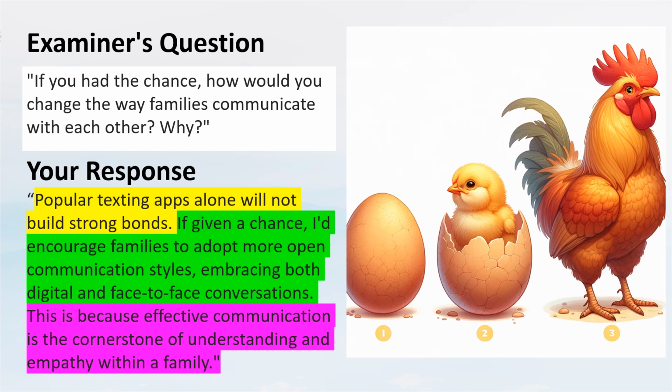Popular texting apps alone will not build strong bonds. If given a chance, I'd encourage families to adopt more open communication styles, embracing both digital and face-to-face conversations. This is because effective communication is the cornerstone of understanding and empathy within a family. Notice the sentences vary in length.